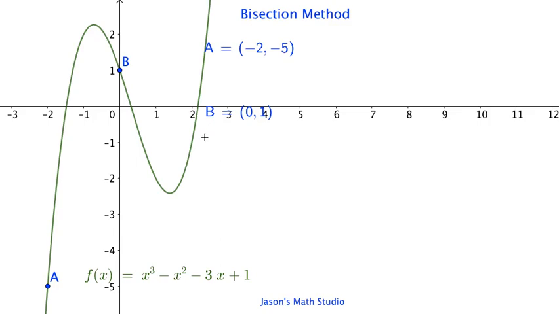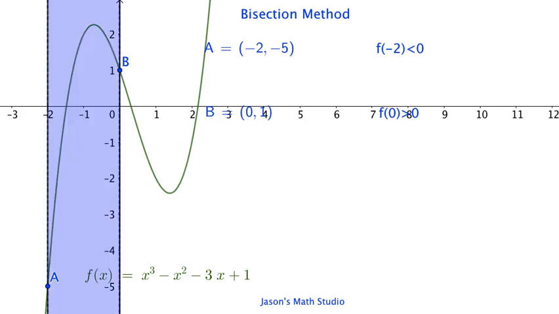Since point A is below the x-axis, point B is above the x-axis, and f of x is continuous, there must be a point between negative 2 and 0 that crosses the x-axis. We can say that the root of this function is between negative 2 and 0.